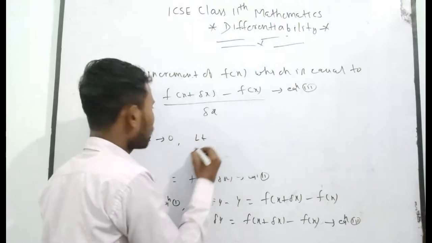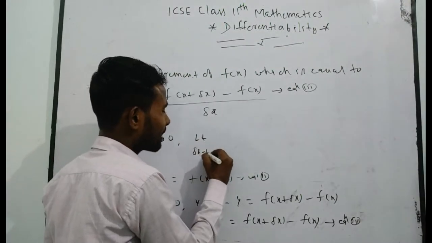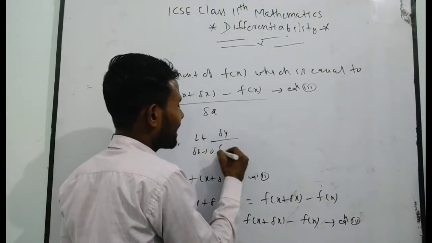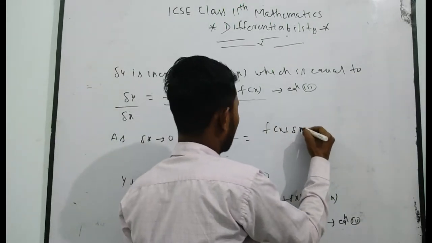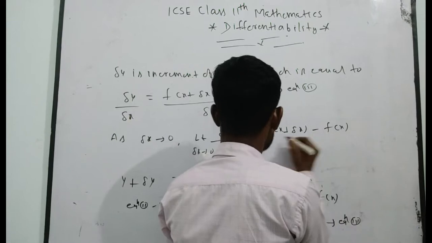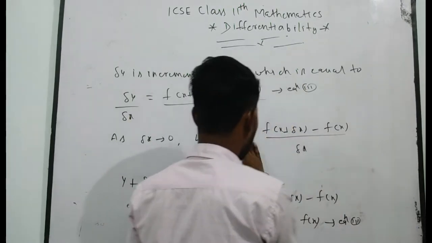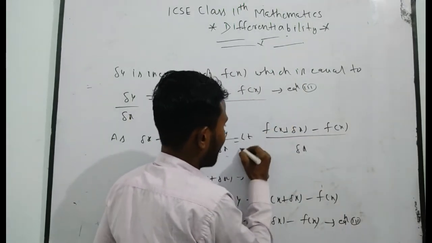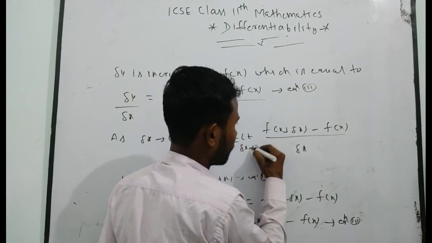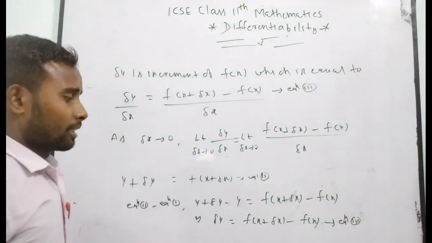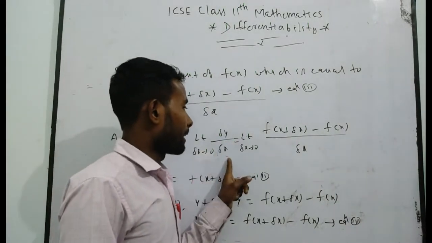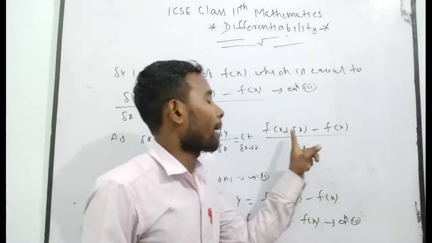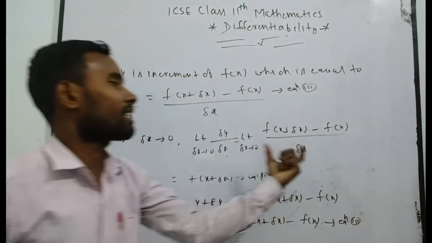So you can write here limit del x tends to 0, del y by del x is equal to limit del x tends to 0, f(x plus del x) minus f(x) divided by del x.